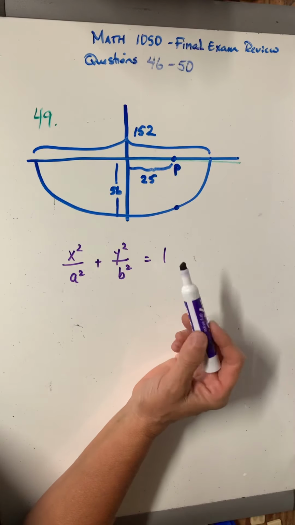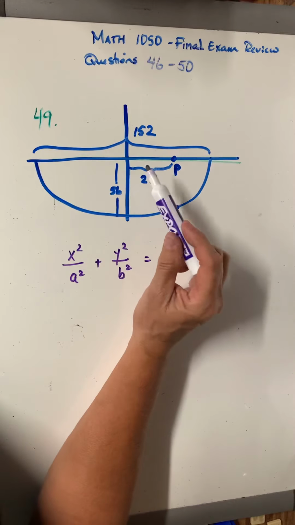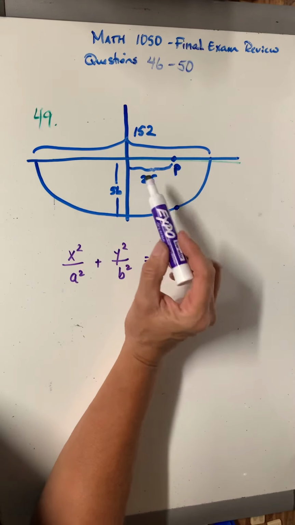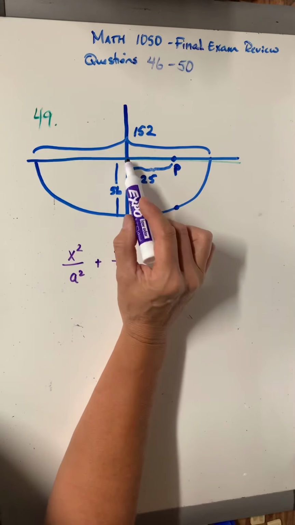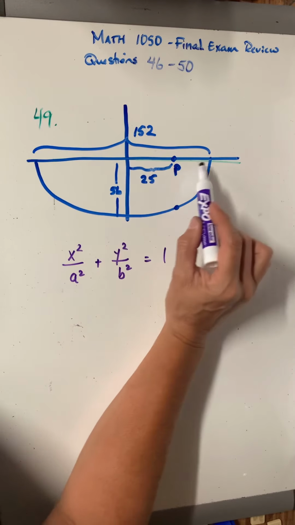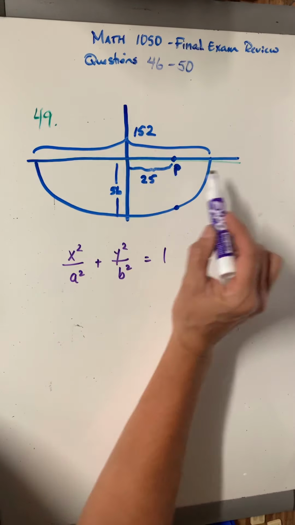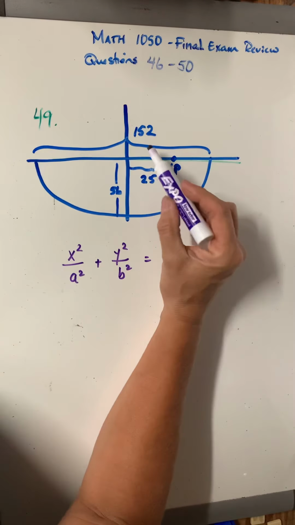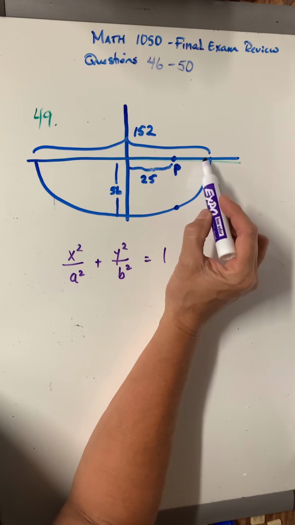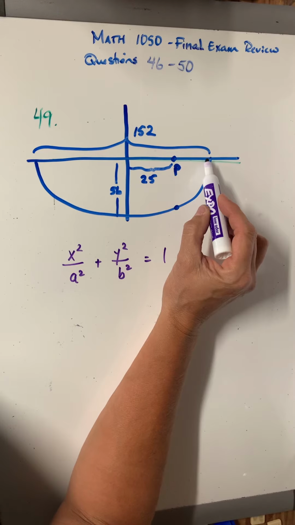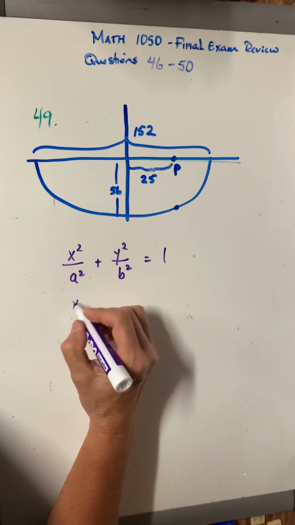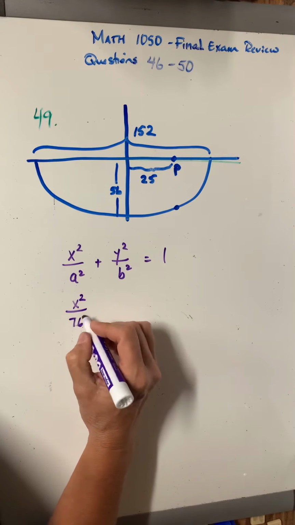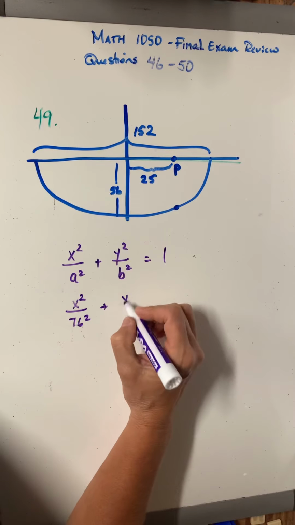Okay, so let's start with A. A is the distance from the center to the edge along the major axis. So my center to my edge would be half of 152, so that would be 76. So that's my A. So I'm going to write x squared over 76 squared plus y squared.